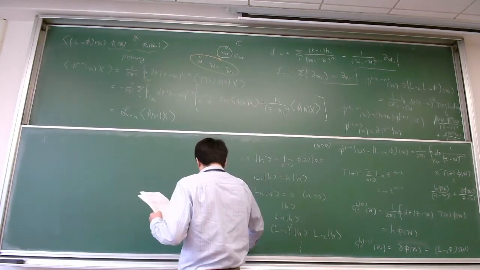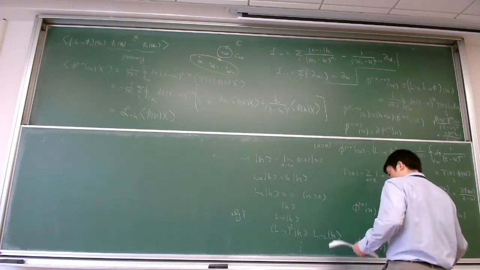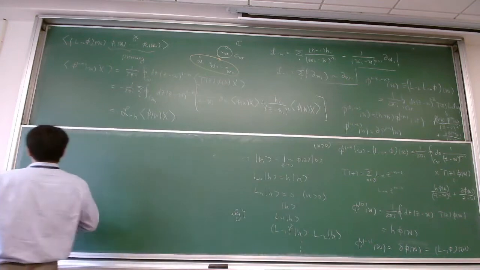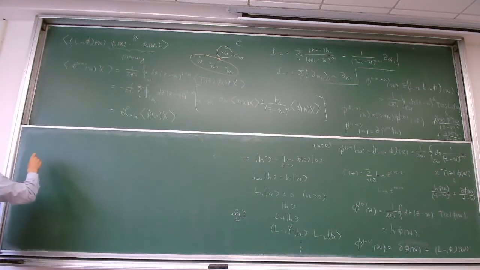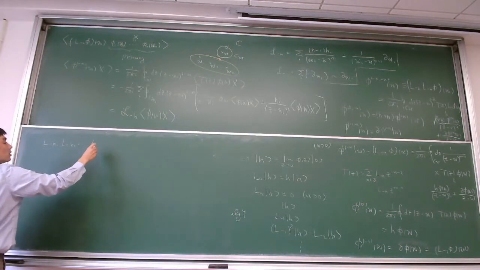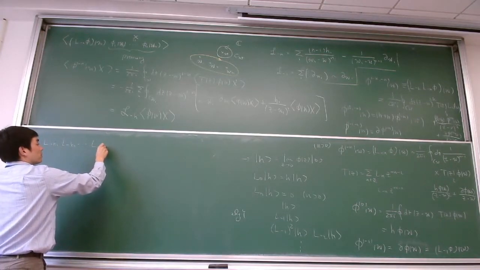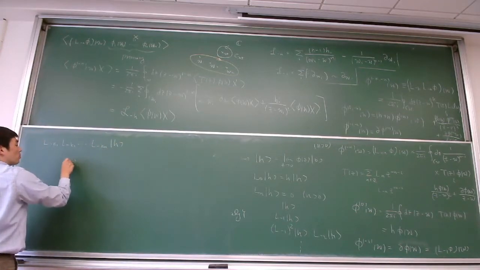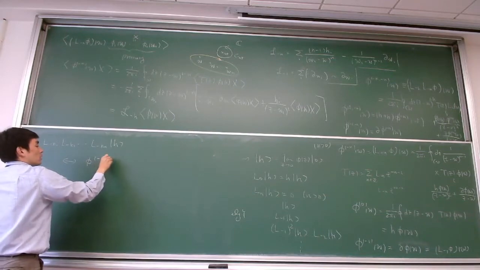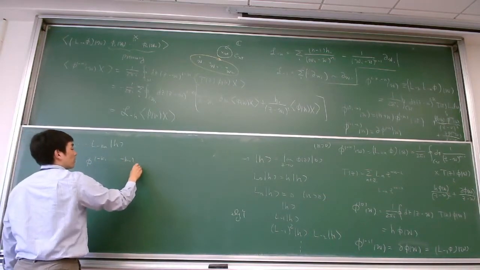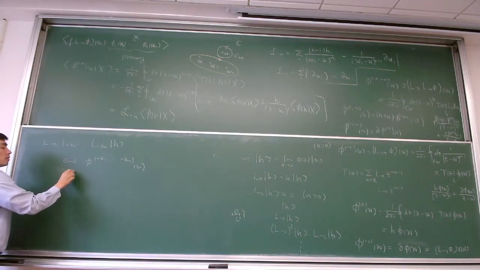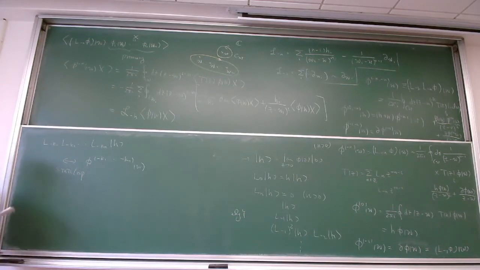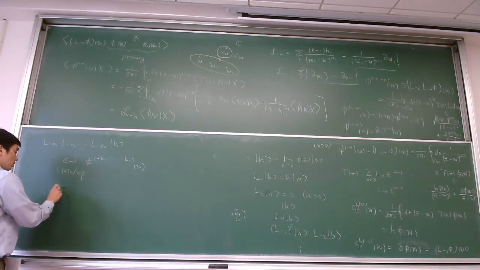And the same calculation is done recursively. What we are doing is that if you have L_{-k1} through L_{-kn}, this will give you the descendant of the primary field, corresponding to phi_{-k1 ... -kn} of w. So this is the state-operator correspondence. Now we can take a look at the correlation function.